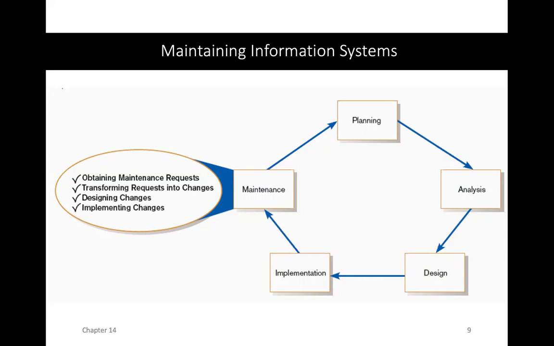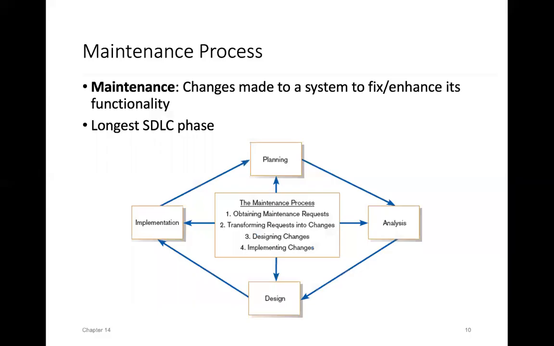Transforming requests into changes, our analysis that we do to understand the scope of a change request, think about risk and feasibility that we talked about before, and then formal change designs and that implemented. Let's look at these in a little bit more detail. So maintenance process. So maintenance, these are the changes made to a system to fix or enhance its functionality, right?